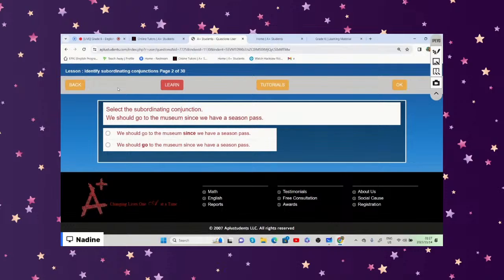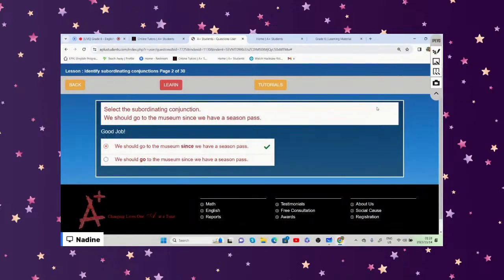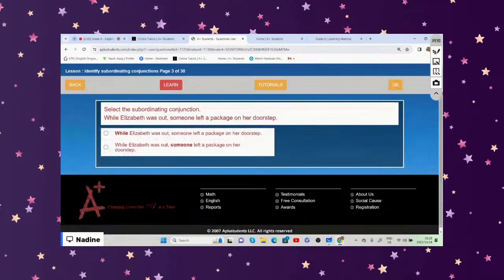So we need to select the subordinating conjunction. Is it since or go? All right, so we're going to choose the first one because it says we should go to the museum since we have a season pass. And that is correct. Well done.